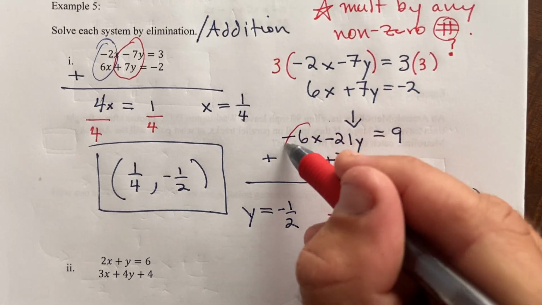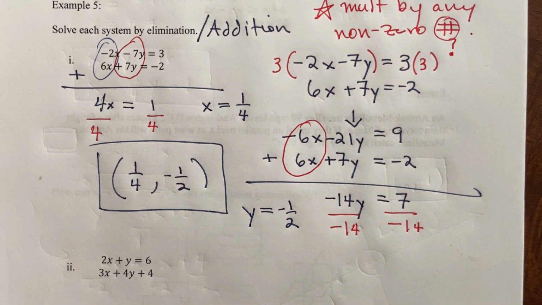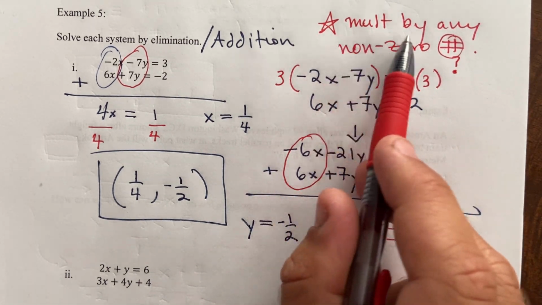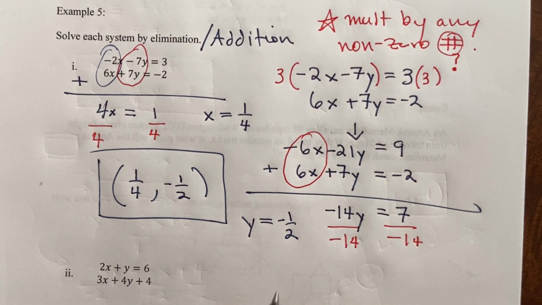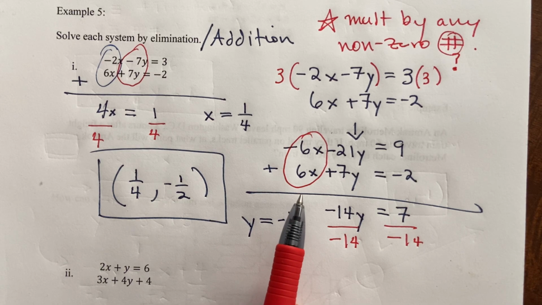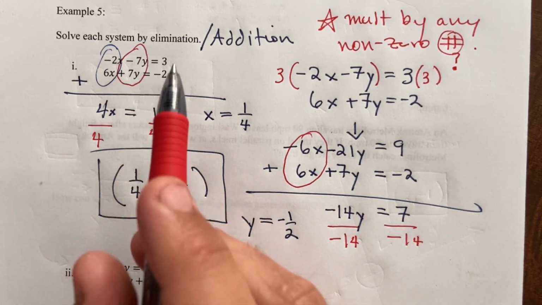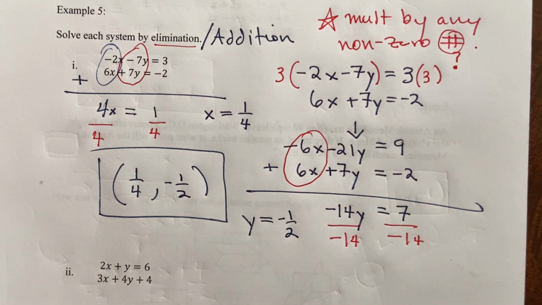Eventually, when the x's were able to cancel, it was because they were opposites. So this move that you're allowed to make, you're making it with the intent to build opposites so that you get an elimination to occur. I'm just trying to summarize.